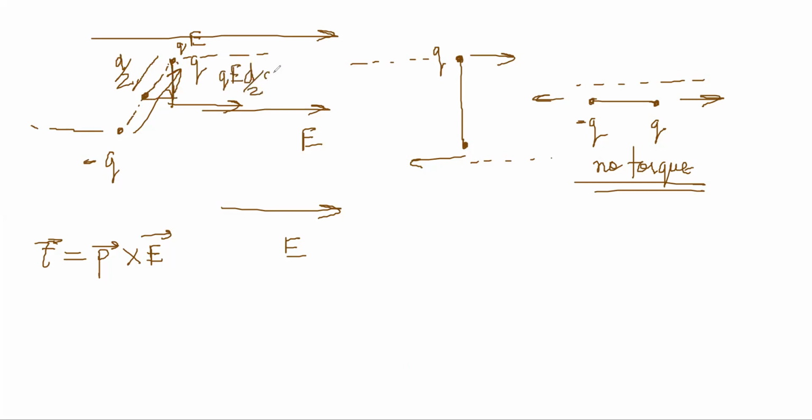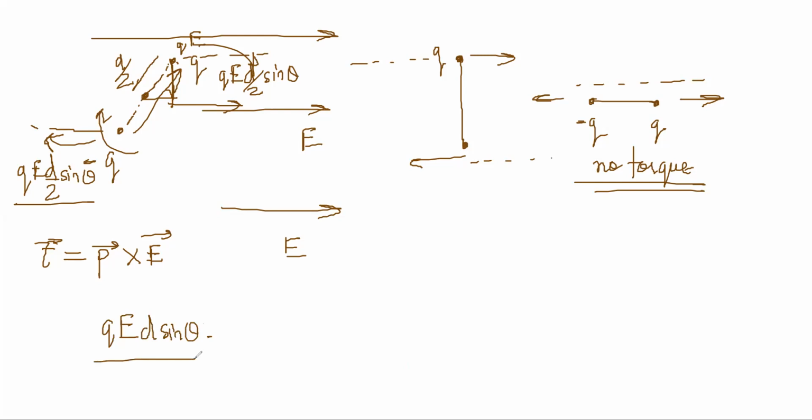Torque here is also QE into d by 2 sine theta, and those two torques are additive in nature, they are in the same direction. So it adds up to become QED sine theta, the total torque, and Q into d is called the dipole moment, so it is PE sine theta, which is P cross E.